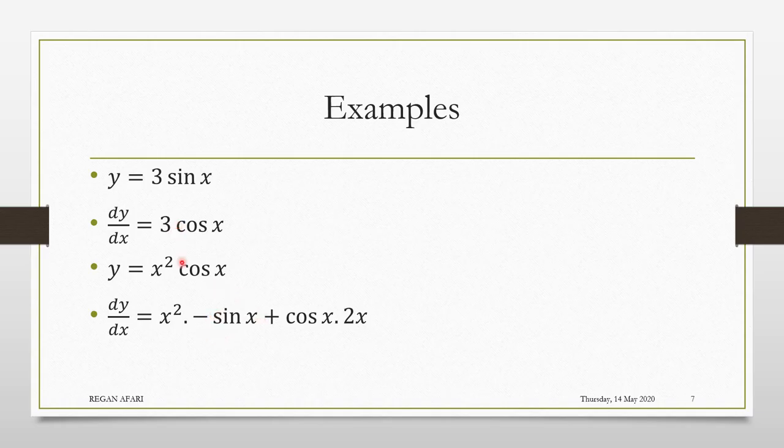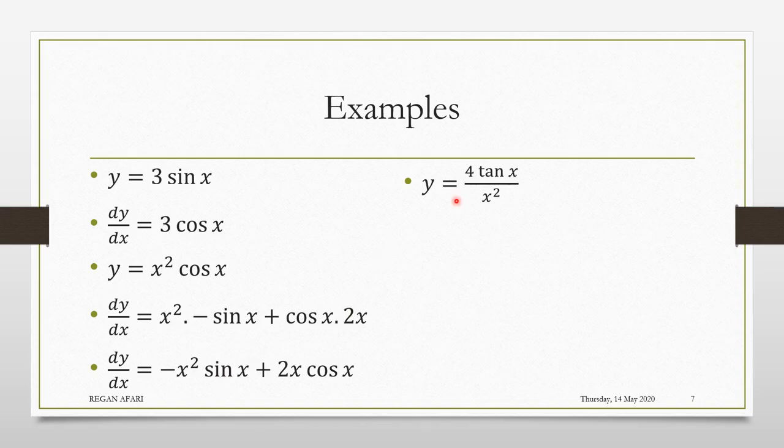Then we keep cosine and differentiate x squared, which gives 2x. Then we clean it up. This gives negative x squared sine x, plus 2x cos x. Of course, you might want to write the 2x cos x first. That's also fine.